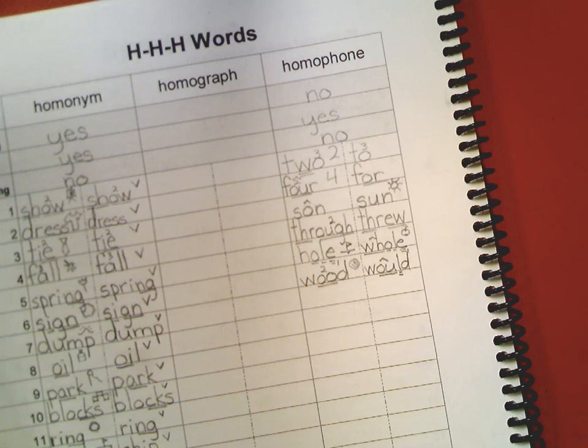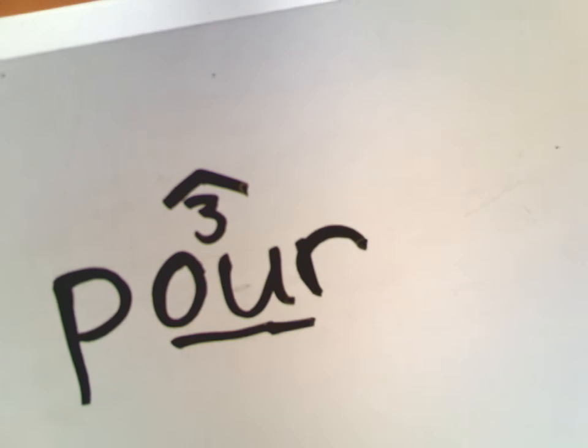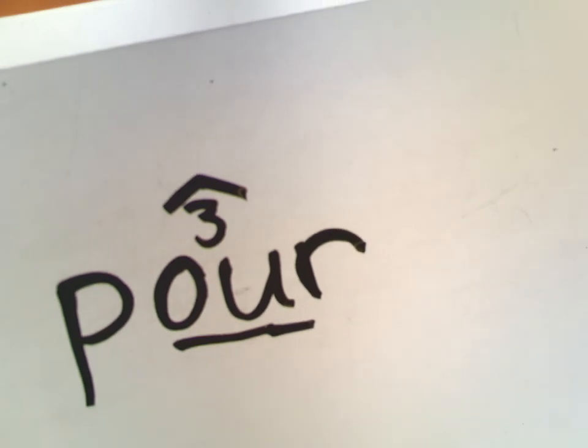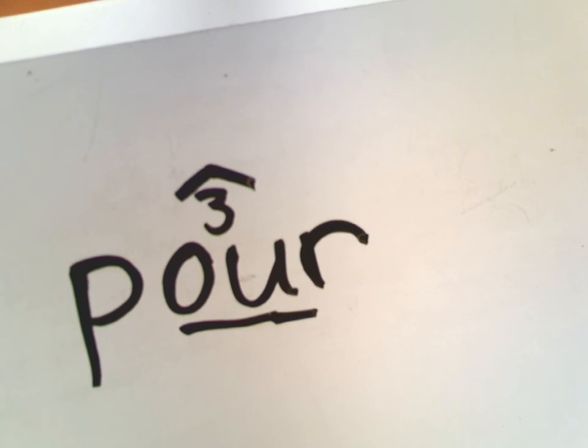So if you can remember ow, o, oo, go ahead and write that pour. All right, and so that's our other pour. It's funny, we say both of them pour to spell it. We just use different oos.